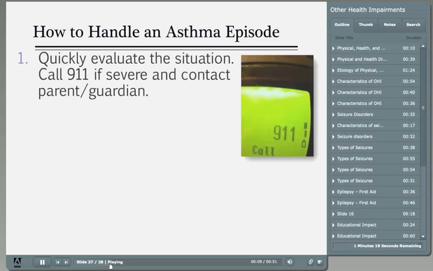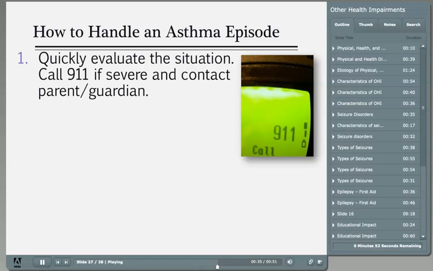Probably the most important thing any school staff member needs to know is how to handle an asthma episode. For some students, this can prevent a visit to the emergency room or hospital, and in the most severe cases, it can prevent them from dying. Steps for handling asthma symptoms at school include following the student's asthma action plan or the school's written emergency care plan.